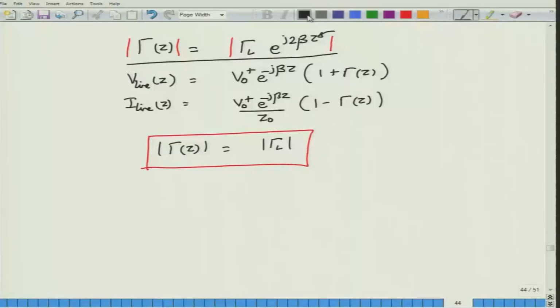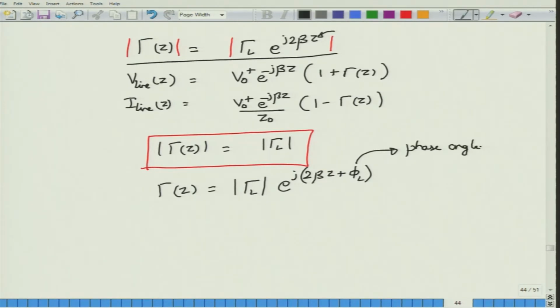How about the phase? If you go back to the phase relationship, we know that gamma of z can be written as the magnitude of the reflection coefficient times e to the power j (2 beta z plus phi L). This phi L is the phase angle of the reflection coefficient gamma L. Now, how do I represent this particular complex number on the complex gamma plane? Well, let us first draw the complex gamma plane.